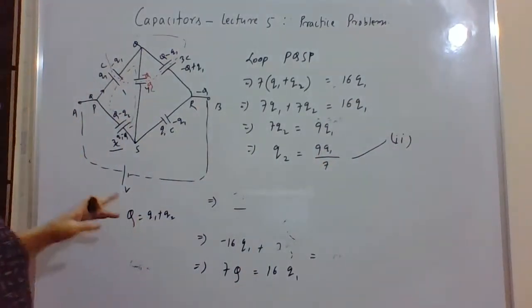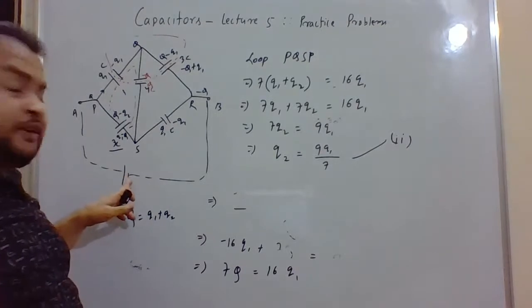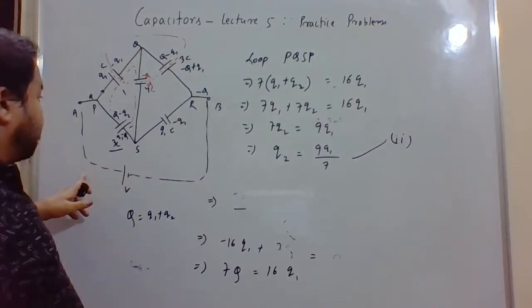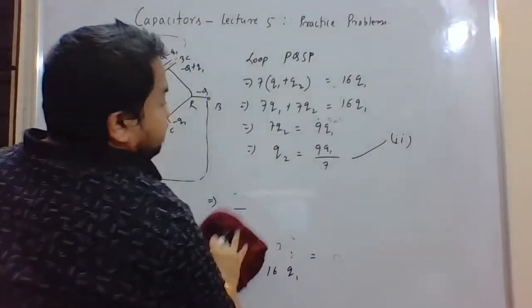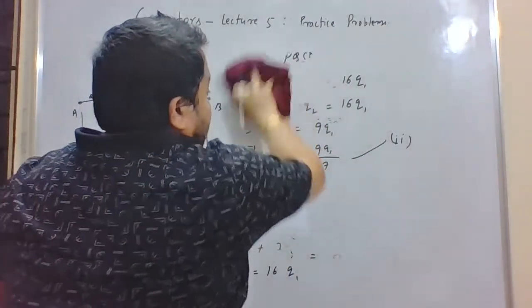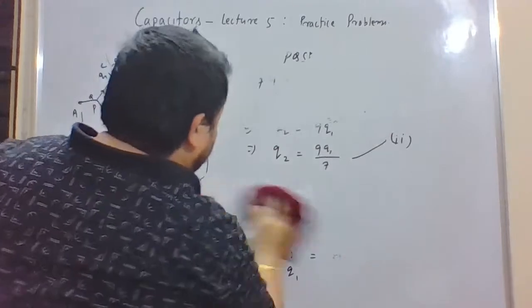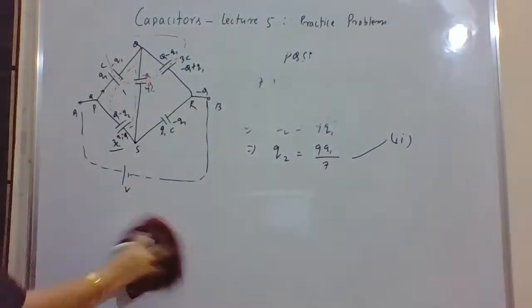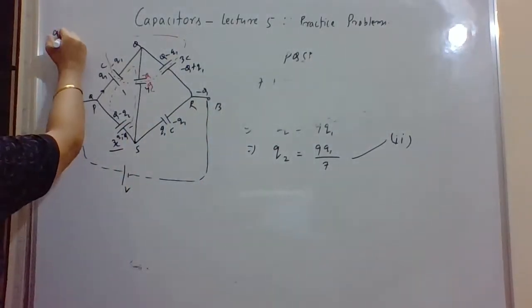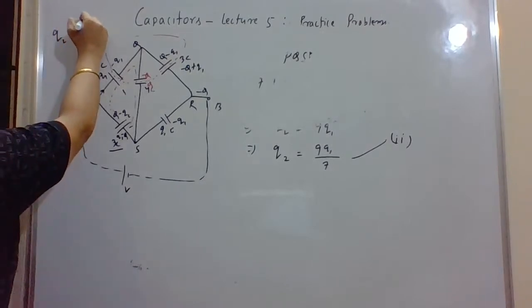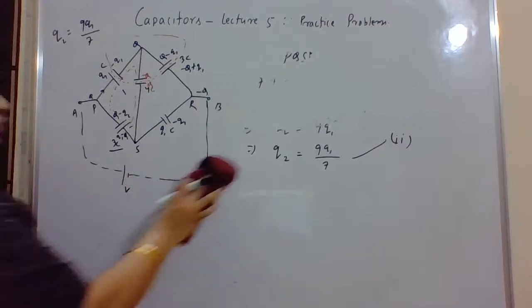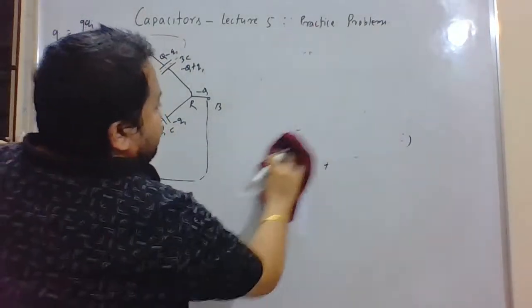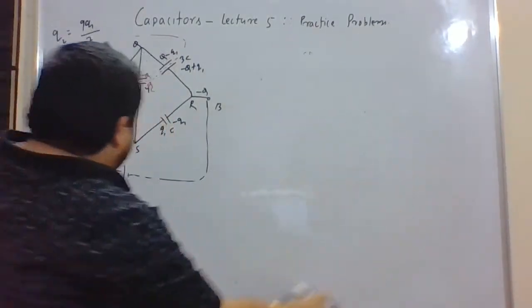And our next step was to traverse from the negative terminal of this cell to the positive terminal through any path in the circuit. So let's get started. We'll just keep this one for future use: Q2 equals 9Q1 by 7. So let us traverse from negative to positive terminal of this cell.